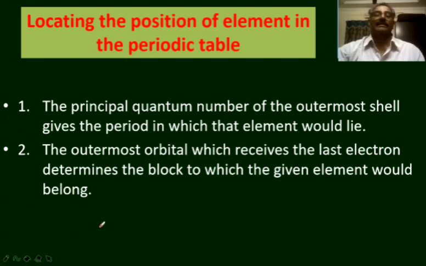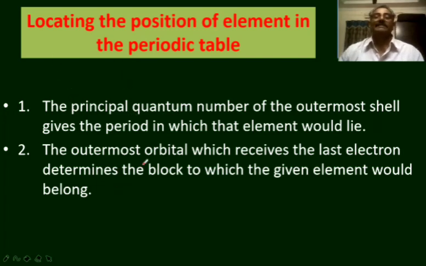From the electronic configurations, we can find the positions of those elements in the periodic table. For that, we need to write the electronic configuration first. The principal quantum number of the outermost shell gives the period in which the element lies.